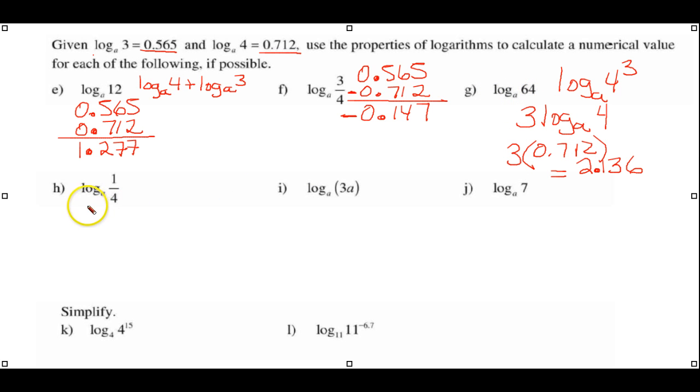Now, how about this one? Again, this is a little tricky because this is a 1. Now, what did we say the exponent of 1 always is? And the answer is 0.